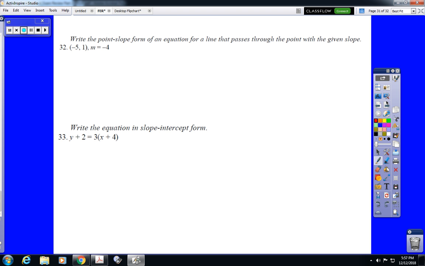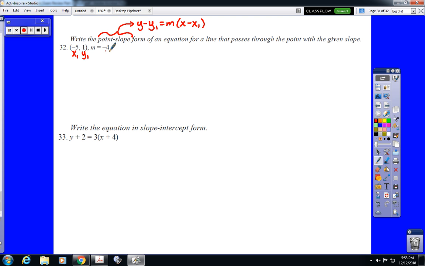Okay, number 32 asks us to write in point slope form the equation of the line that passes through that point with that slope. So our point is giving us an x1 and a y1, and we are plugging into point slope form, which is on your reference sheet, so all you need to know is how to use it: y minus y1 equals m times x minus x1.